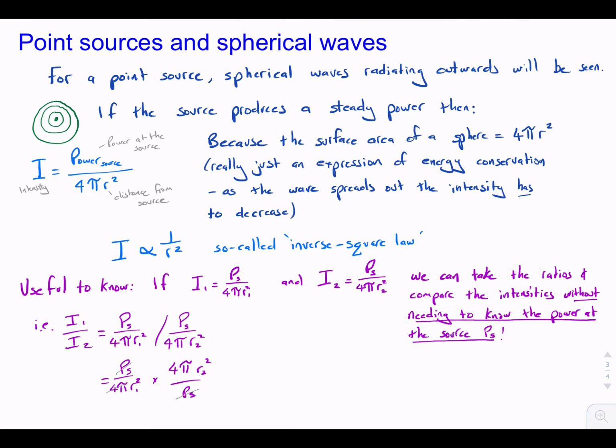Now we can cancel out the power at the source and our 4 pi's, and we're just left with the ratio of the radius. So we have r2 squared on r1 squared. Let's write this out over here. So the intensity ratio I1 on I2 equals the ratio of r2 squared over r1 squared.